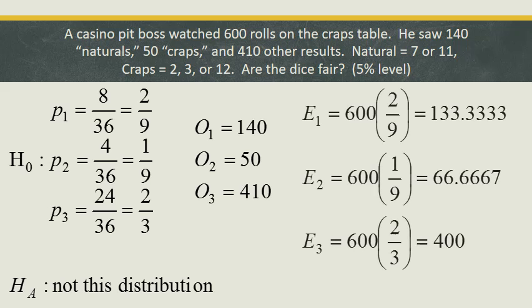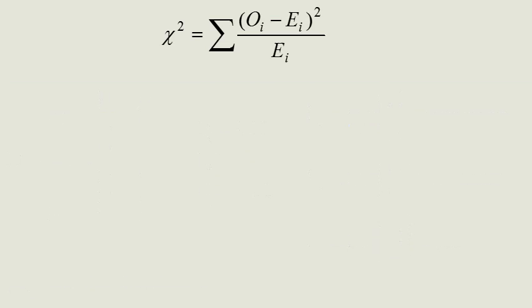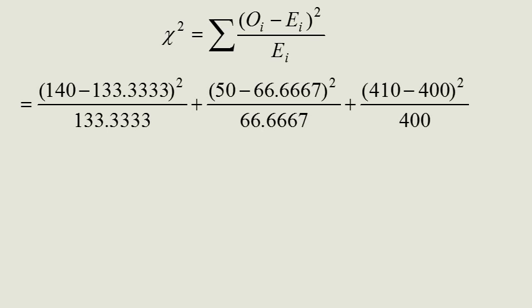The expected values are calculated by multiplying sample size times each outcome's probability. We can plug in the observed and expected values into the chi-square formula. Since there were 3 categories, there will be 3 terms in the sum. And here is the full calculation. It all adds up to 4.75 with 2 degrees of freedom.